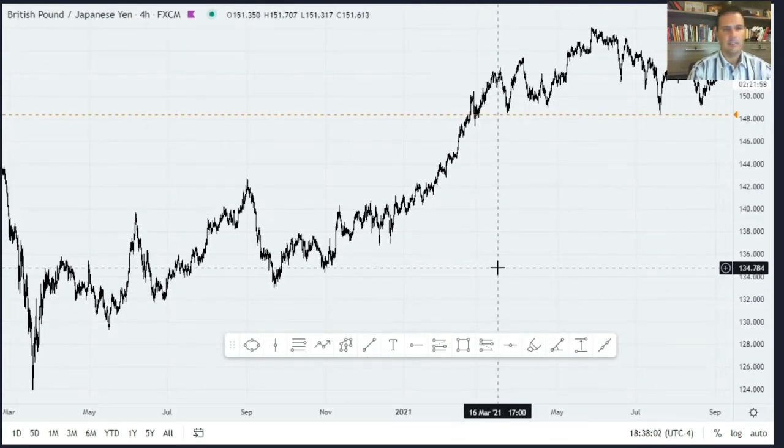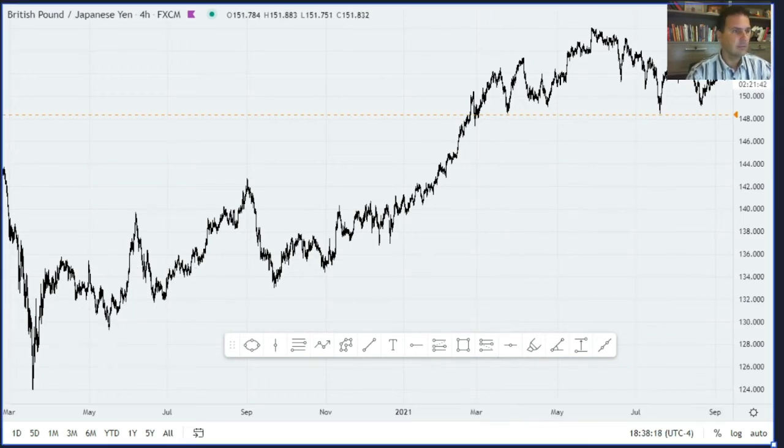Okay, everybody, I'm going to give you 30 seconds. Try to draw trend lines on the GBP JPY 4-hour chart and tell me right now, are we in an uptrend or are we in a downtrend? Don't bother about long-term, medium-term, short-term, in general.